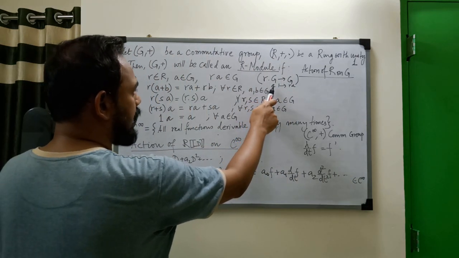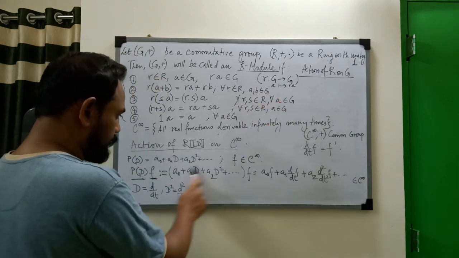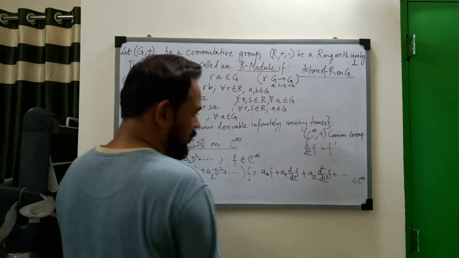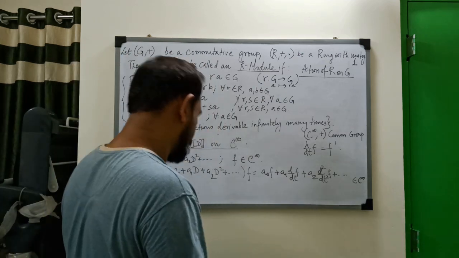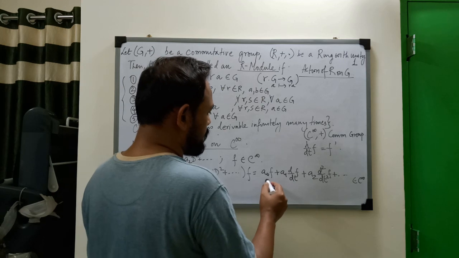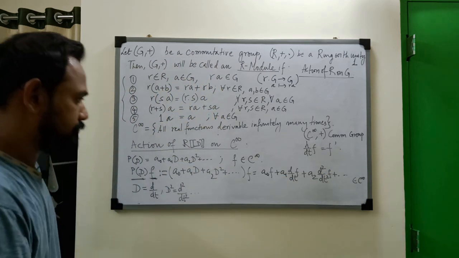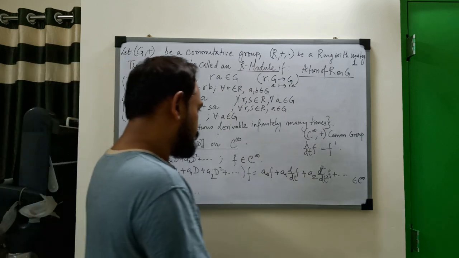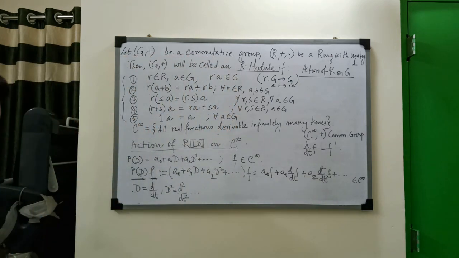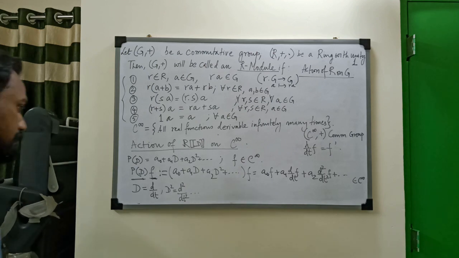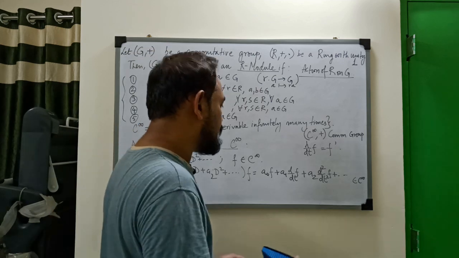Remember, R should act on an element of G to give an element of G. So this thing, which is the action, should give you an element of C infinity. And that is possible for some conditions when A0, A1, A2, the coefficients are bounded enough, okay? F is a good function, or sort of, defined on a closed interval, perhaps, okay? It's differentiable and infinitely many times.